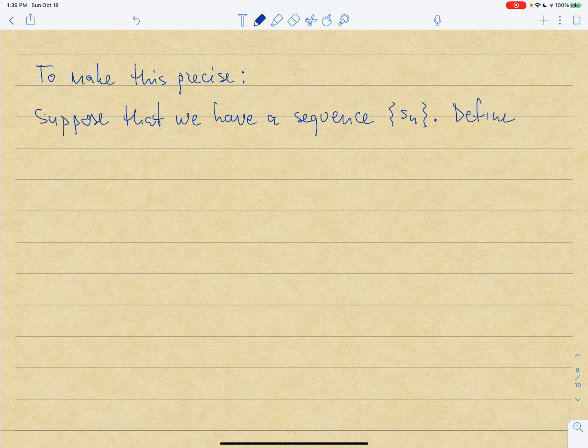So I'm going to define two new sequences. I'm going to call the sequence Uk to be the infimum, n greater or equal than k, of Sn, and Vk to be the supremum, n greater or equal than k, of Sn.